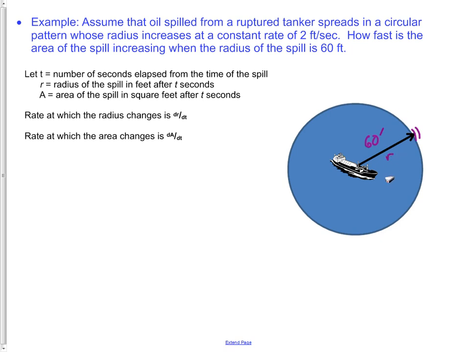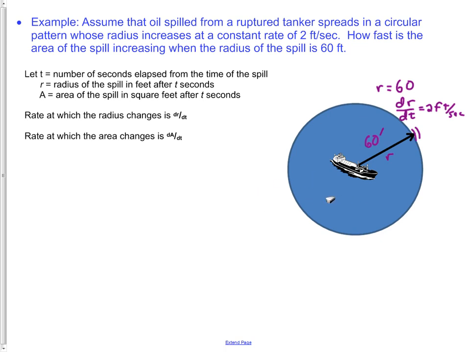At this radius of 60 feet, our rate of change of that radius is a nice steady 2 feet per second. So we know that the edge of that spill is just drifting outward. What we'd want to know is, what is the rate of change of the area? How fast is the area increasing?